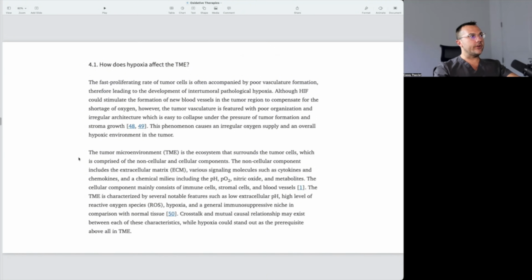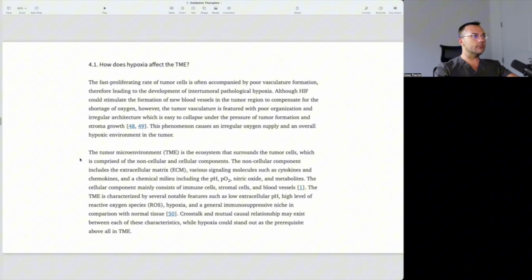The tumor microenvironment, TME, is the ecosystem that surrounds the tumor cells, which is comprised of non-cellular and cellular components. The non-cellular components include the extracellular matrix, ECM, various signaling molecules such as cytokines and chemokines, and the chemical milieu, including the pH, acidic pH, PO2, nitric oxide, and metabolites.